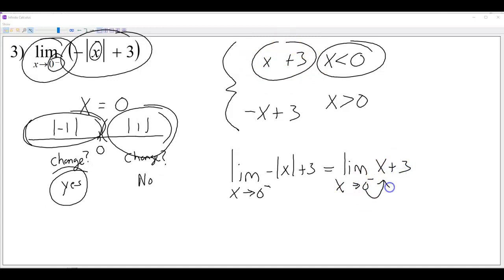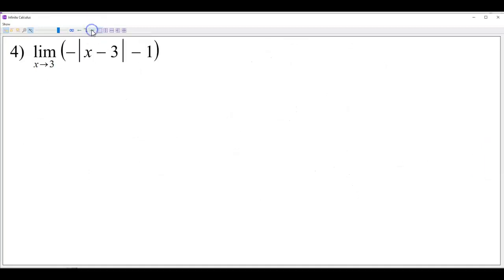And then from there you can just do your direct substitution. And there's my answer. Let's go ahead and do another one here, number 4.